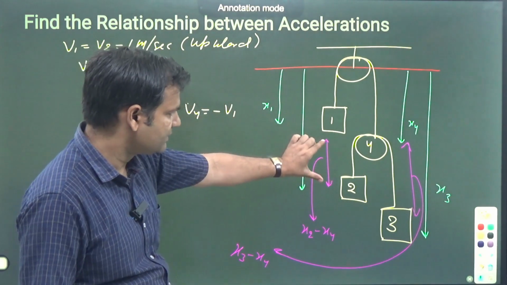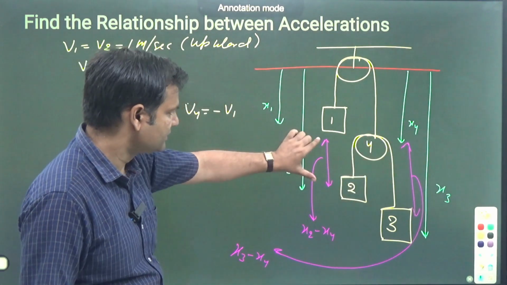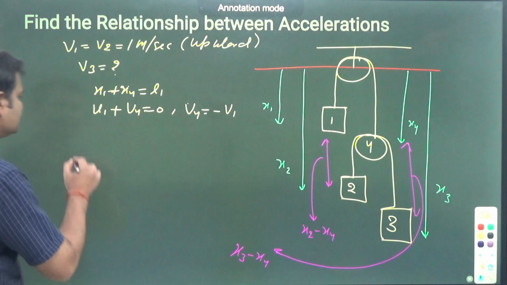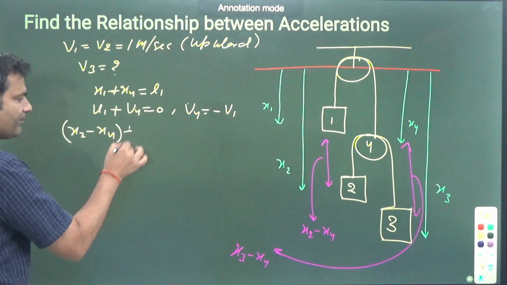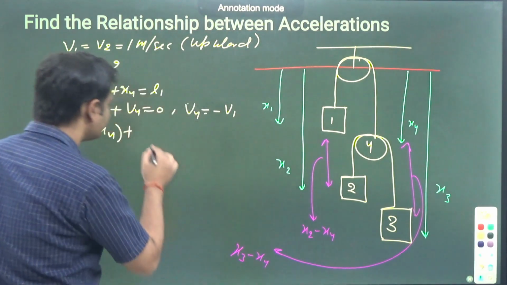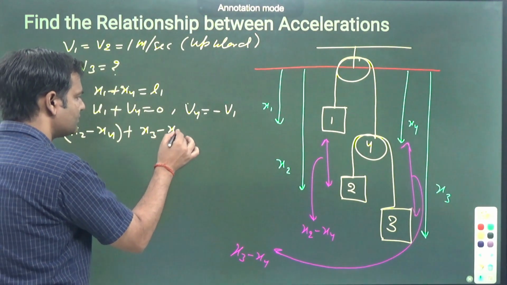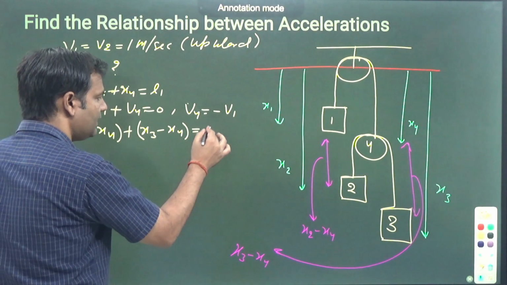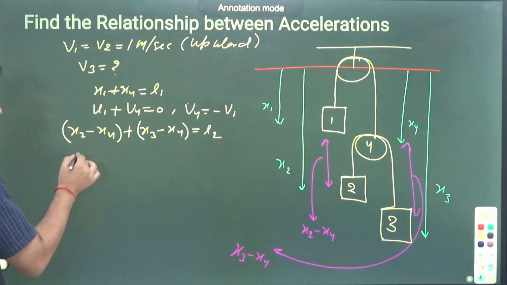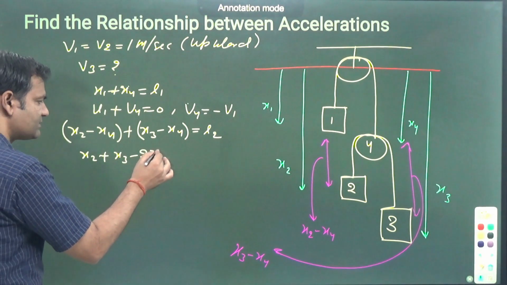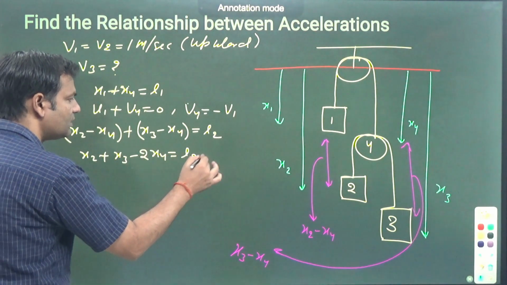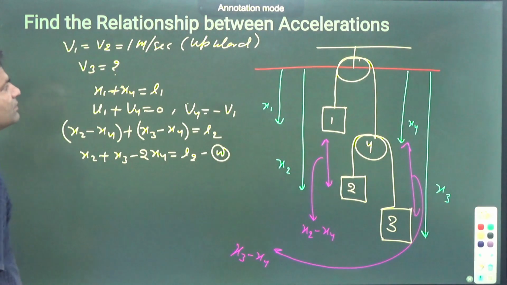That is this one plus this one: x2 minus x4 plus x3 minus x4, this will be equal to L2. So x2 plus x3 minus 2 times x4 is equal to L2, equation number 2.